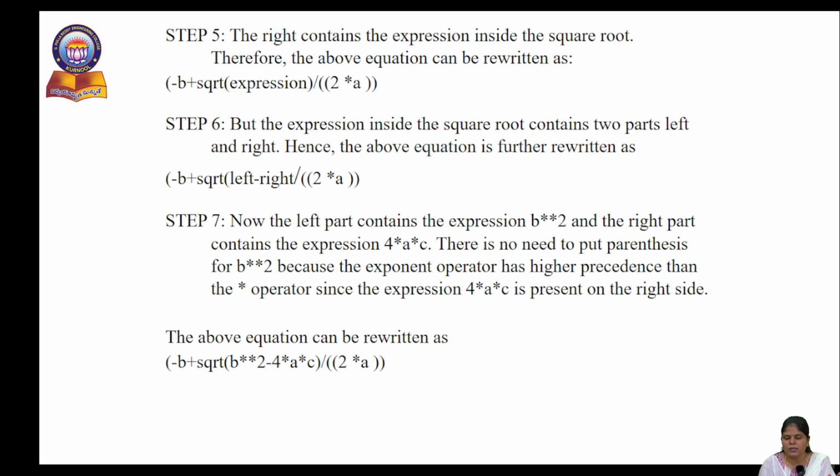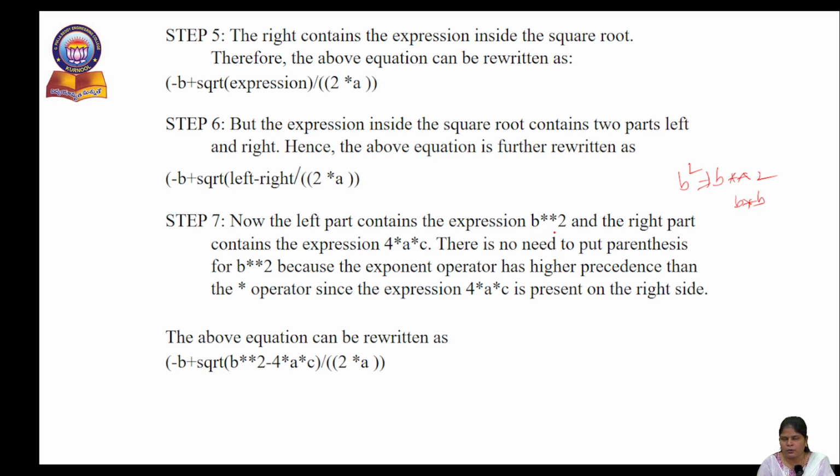But the expression inside the square root contains two parts, left and right. So the given equation is further rewritten as minus b plus square root of left minus right by 2 into a. The left part contains b square, so b square can be written as b exponential of 2, or you can even write it as b into b, right?